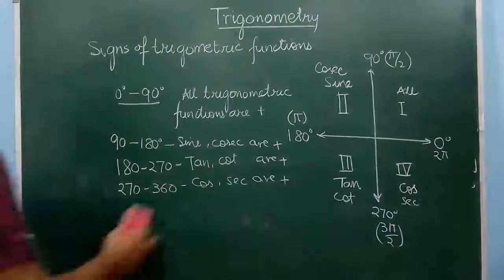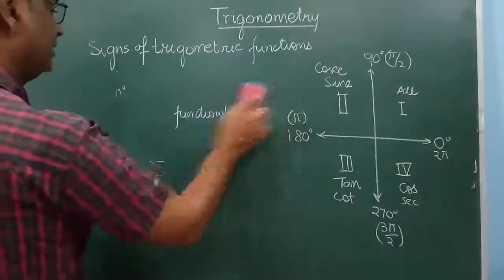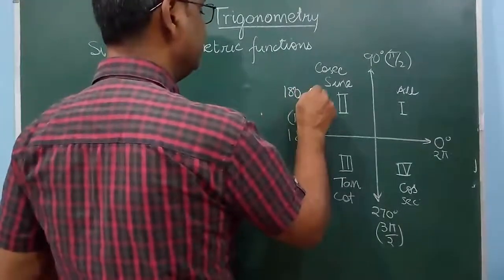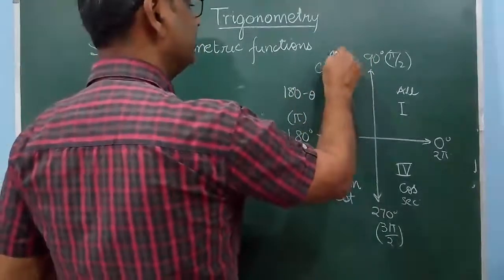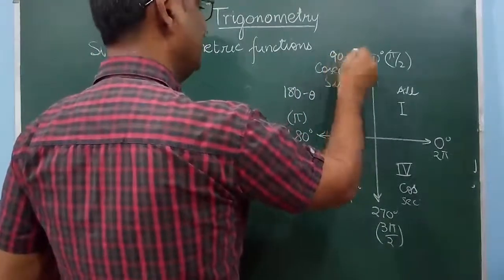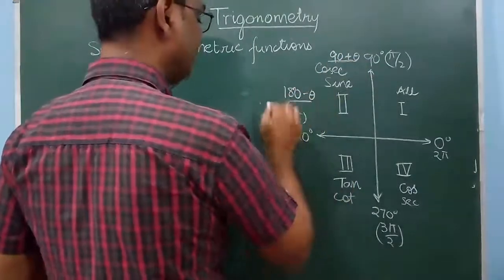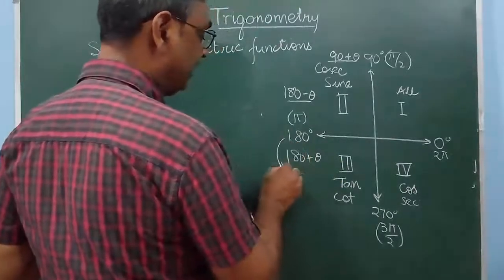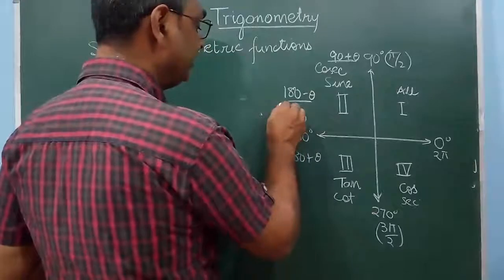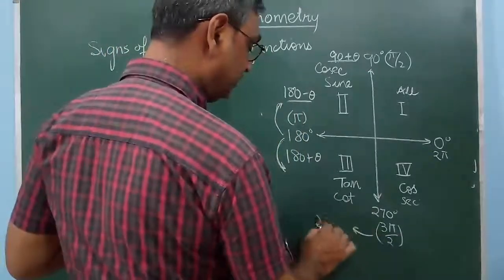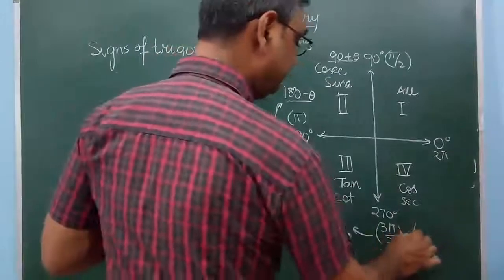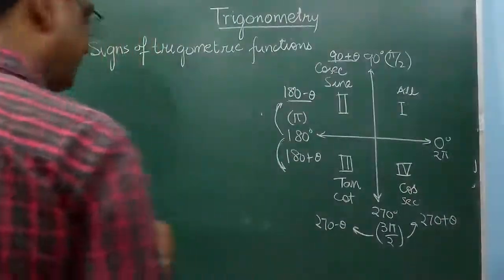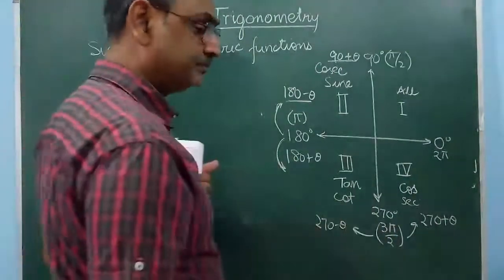Now, if the angle is 180 minus theta, then it is second quadrant; if it is 90 plus theta, then it is second quadrant. Now the third quadrant is 180 plus theta, where we are increasing the angle, and here we are decreasing the angle, that is 270 minus theta, and here 270 plus theta.